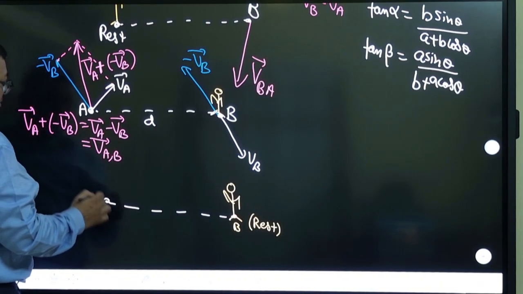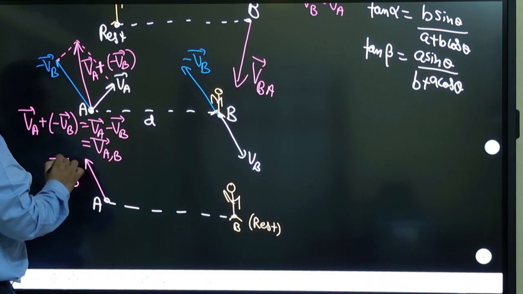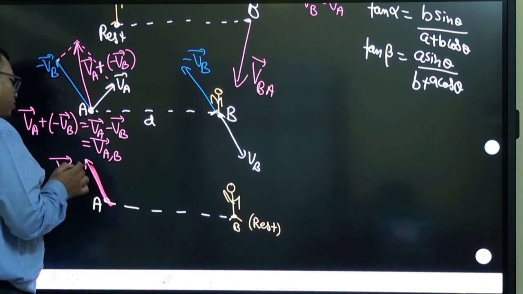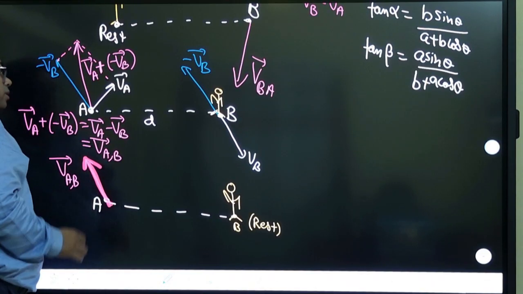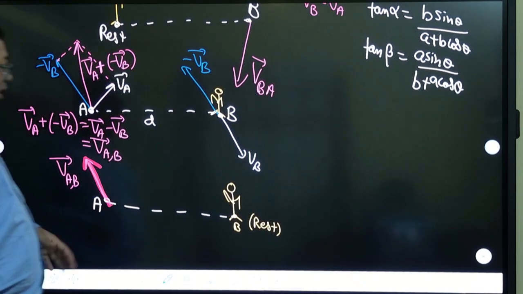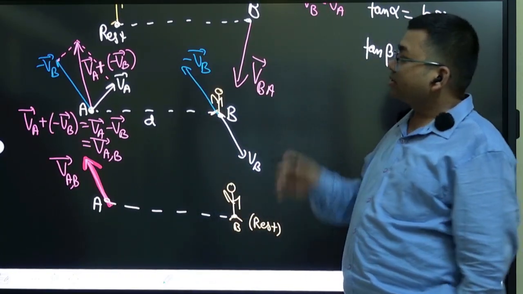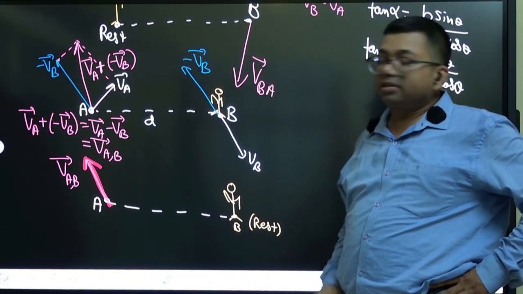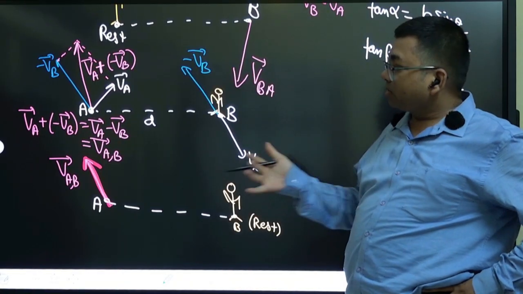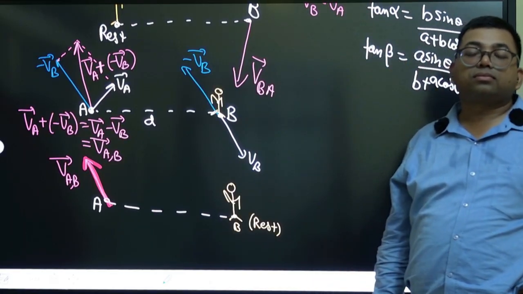So it is going in this direction. So now this observer will only see the body A moving in this direction. That's all. He will not see any other thing. This is what is relative motion of A with respect to B or B with respect to A. Clear?